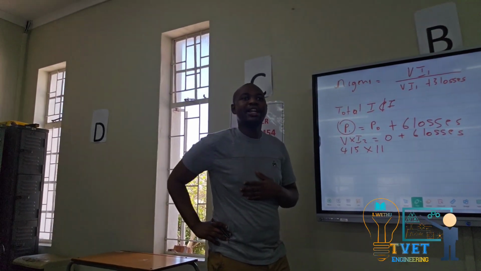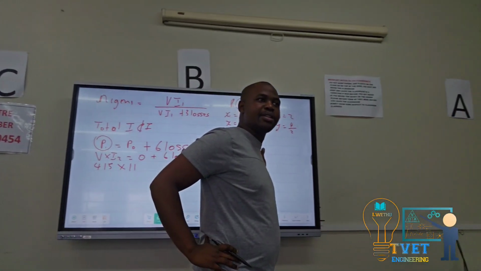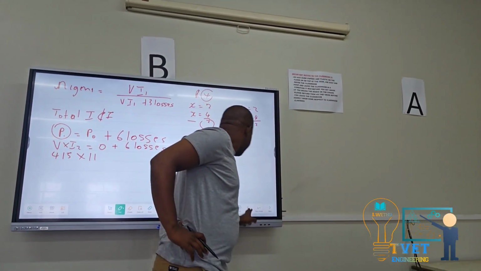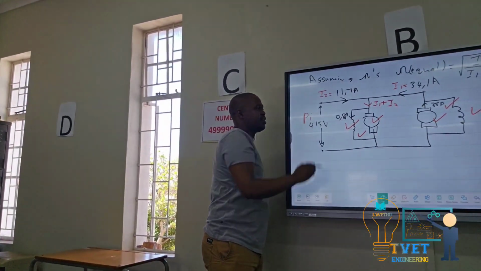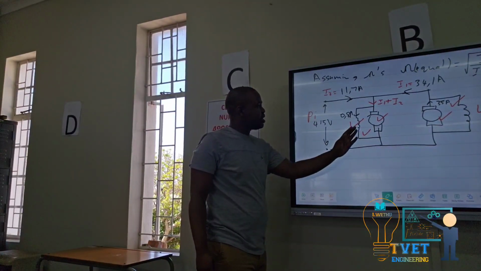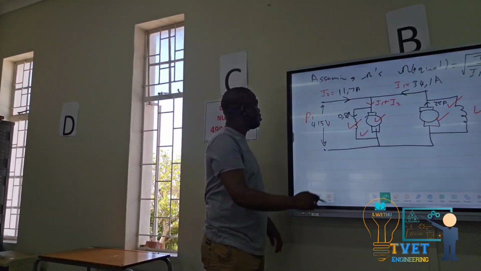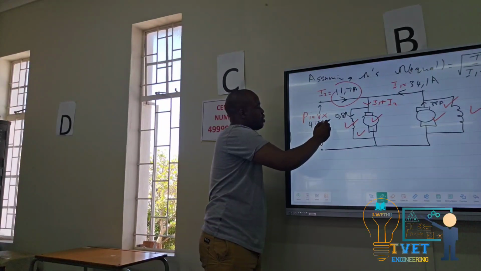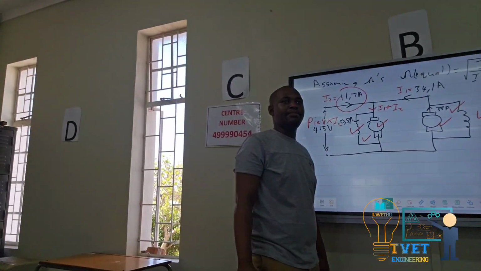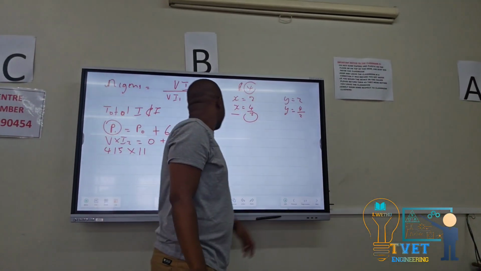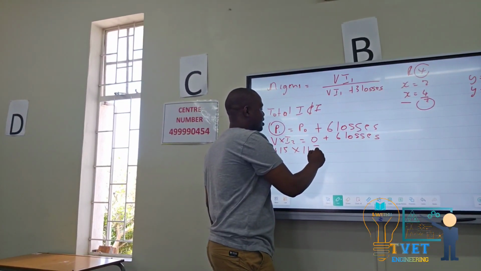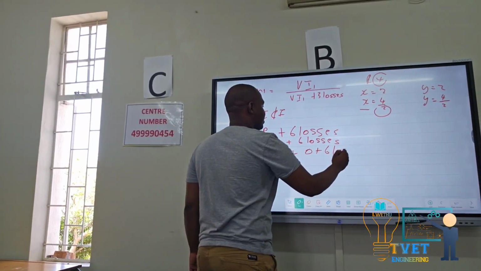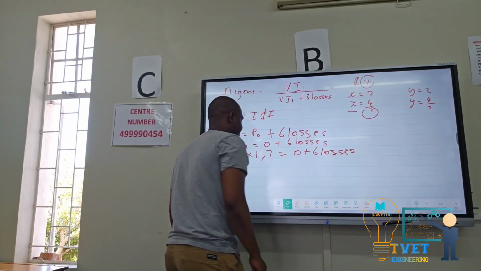Hello guys, the input power is coming from the supply. Don't use the generator current. The input is coming from here. This is what initiated this thing, yeah? So you're going to use the supply voltage times the current drawn from the supply. So that is why I'm saying 11.7 is equal to 0 plus the 6 losses.